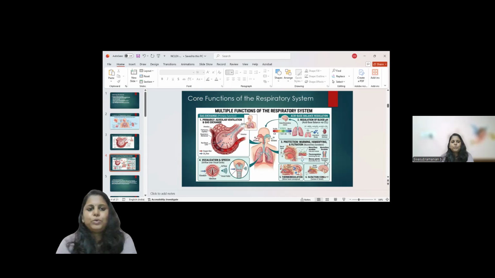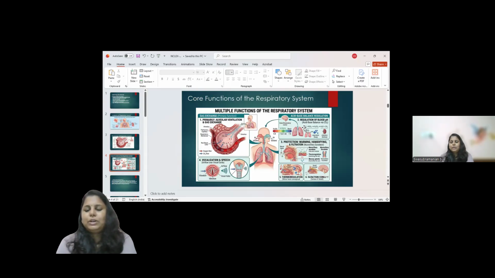Let us discuss the core functions of the respiratory system, which plays a major role in our body. The first function is gas exchange. Previously we discussed how gas exchange takes place during inspiration and expiration, how the air enters our body, and how carbon dioxide, the waste from cellular metabolism, is eliminated. The second is acid-base balance.